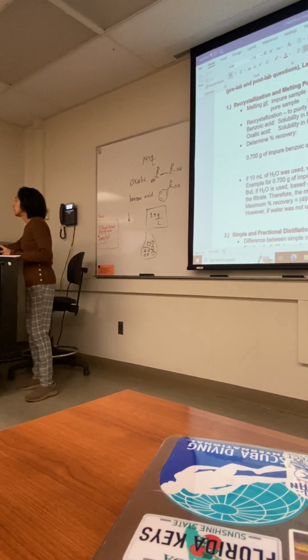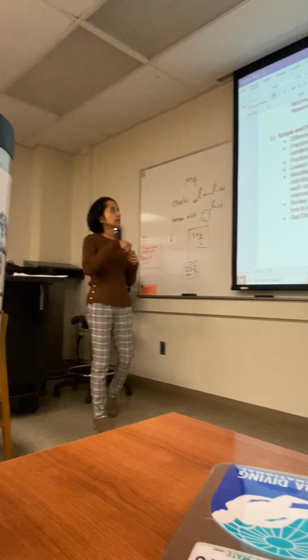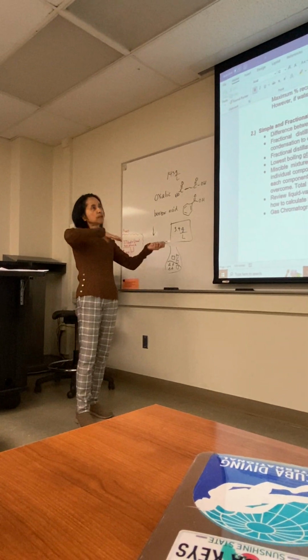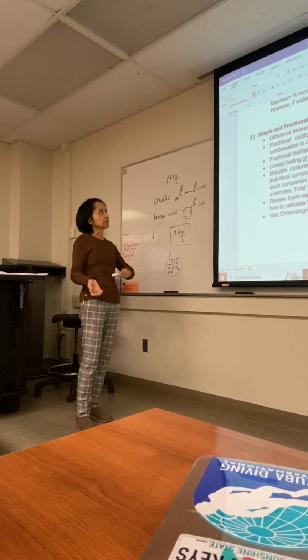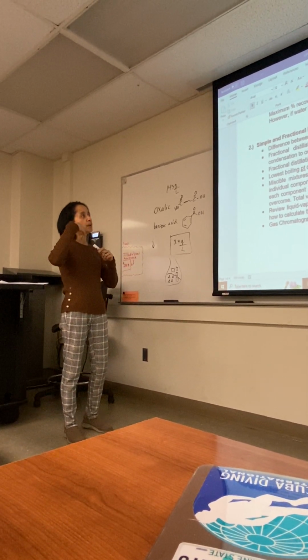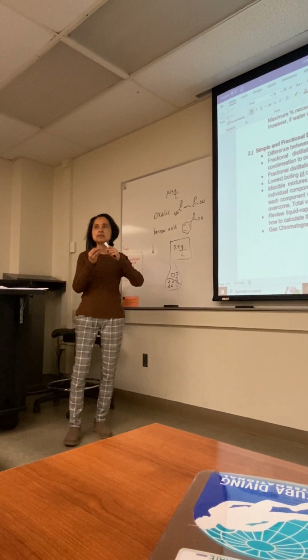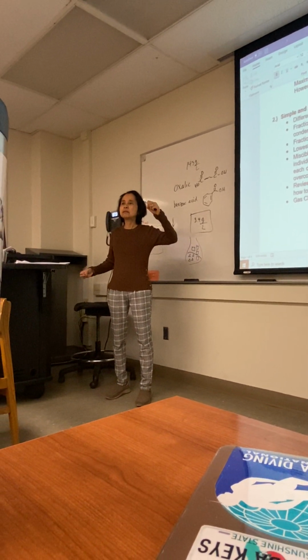So now simple and fractional. We differentiated. We used simple, but it was a video, right? So we did fractional as well as simple. In general, the fractional will give you a better separation because it has, I would say, a speed bump, right?